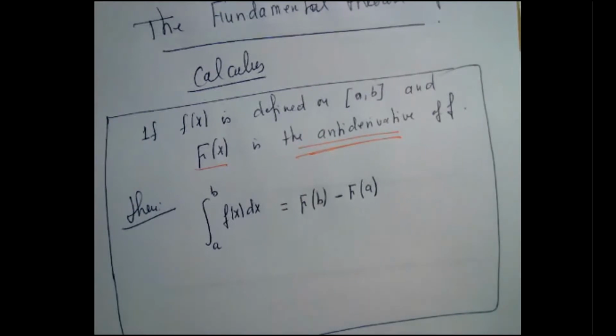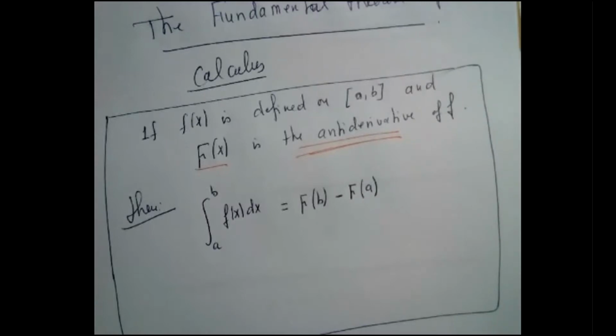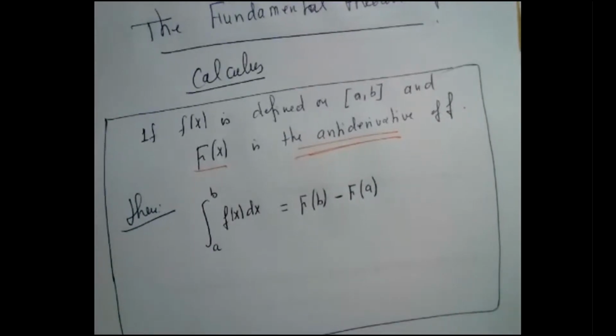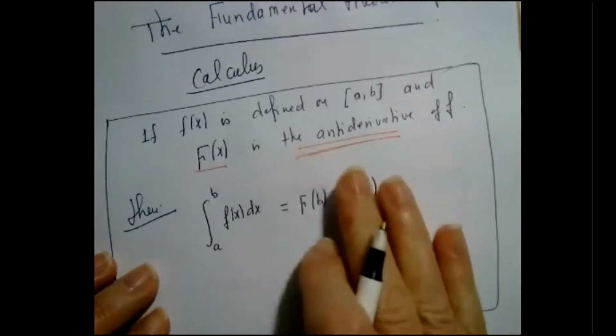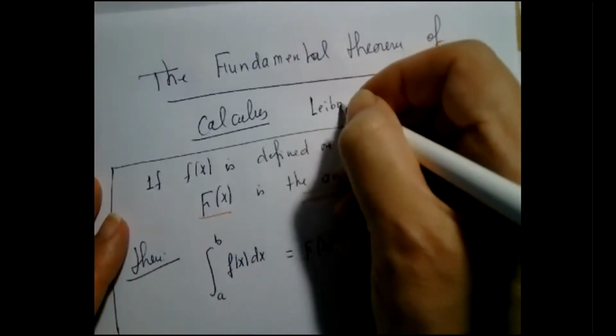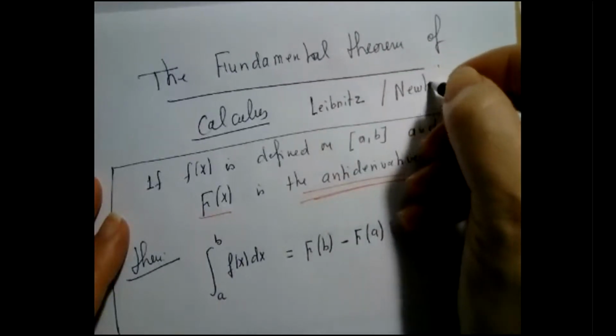Amazing theorem, absolutely, which was basically a revolution when it was discovered because it made calculus a bit easier to work with. Historically, people had to work with Riemann sums prior to discovering the theorem. Once they were able to discover it, working with definite integrals became much easier. The discovery of the theorem is due to two people, Leibniz and Newton, the famous Newton.